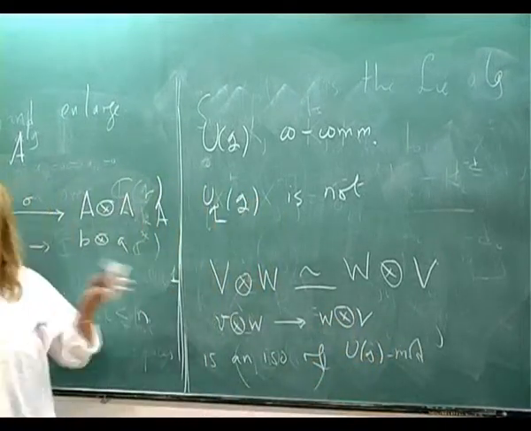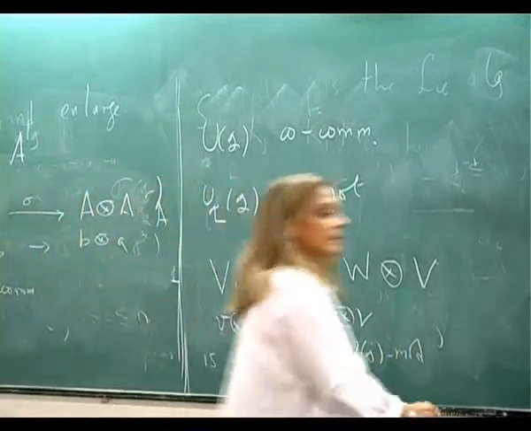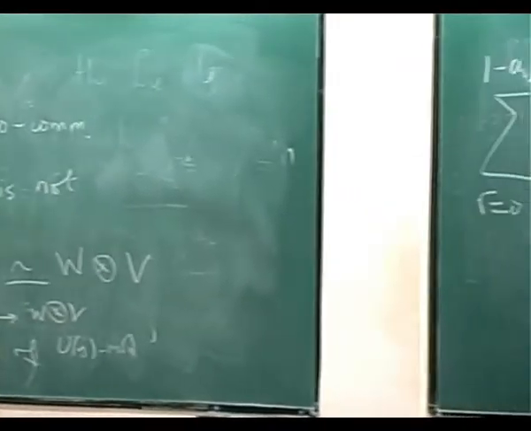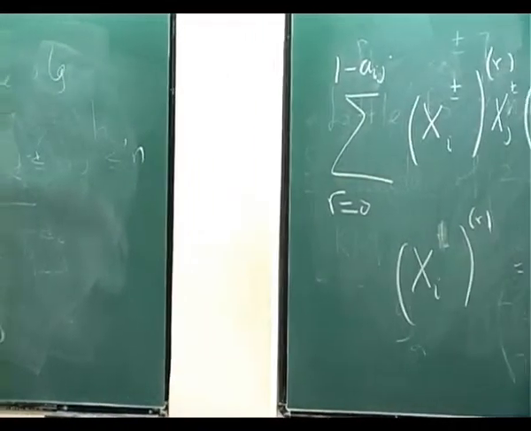So the canonical map gives you an isomorphism. This is false for quantum algebras.